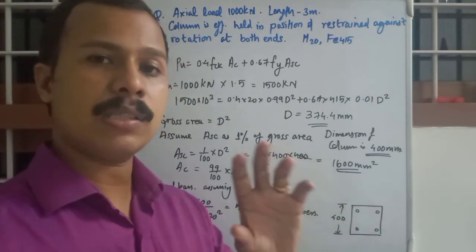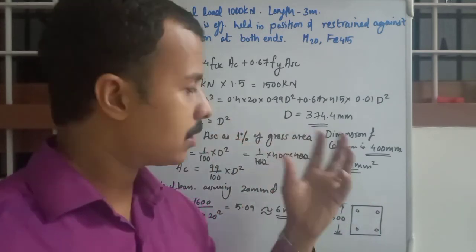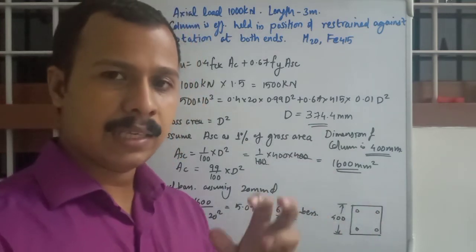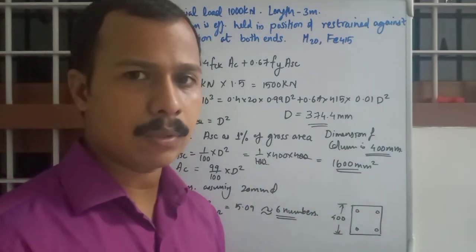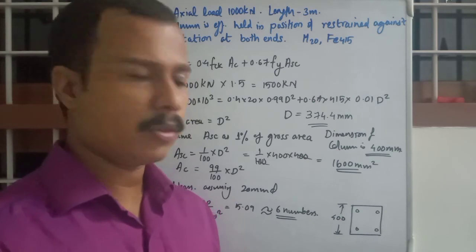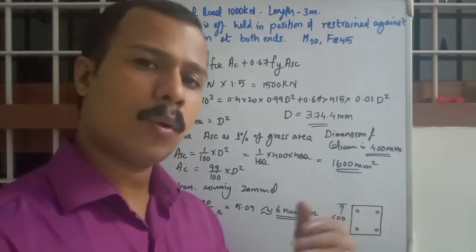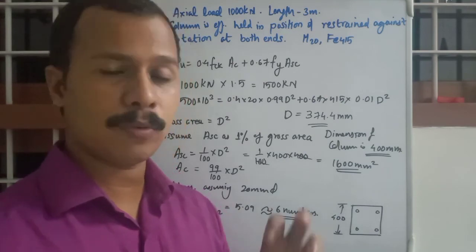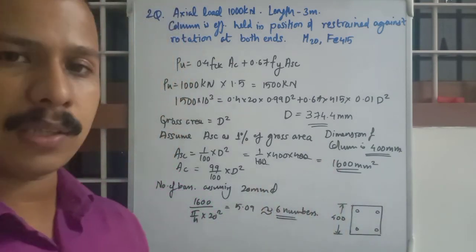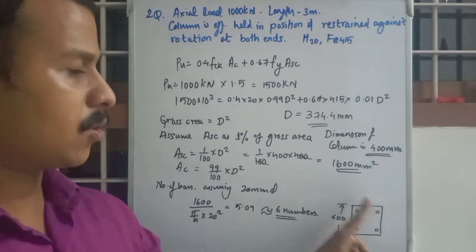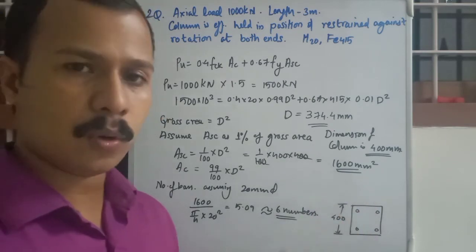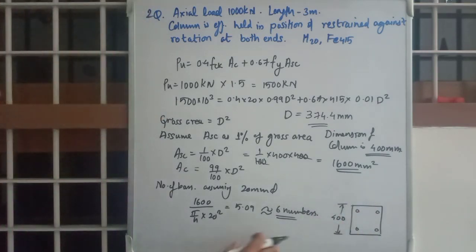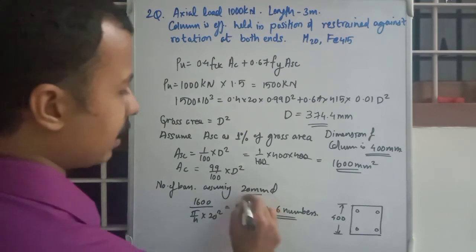For a circular cross section, 6 is a nice number. We don't go for an odd number, we go for an even number. 6 is always advised, and 4 is also okay for square cross section columns. That's why we selected 20.